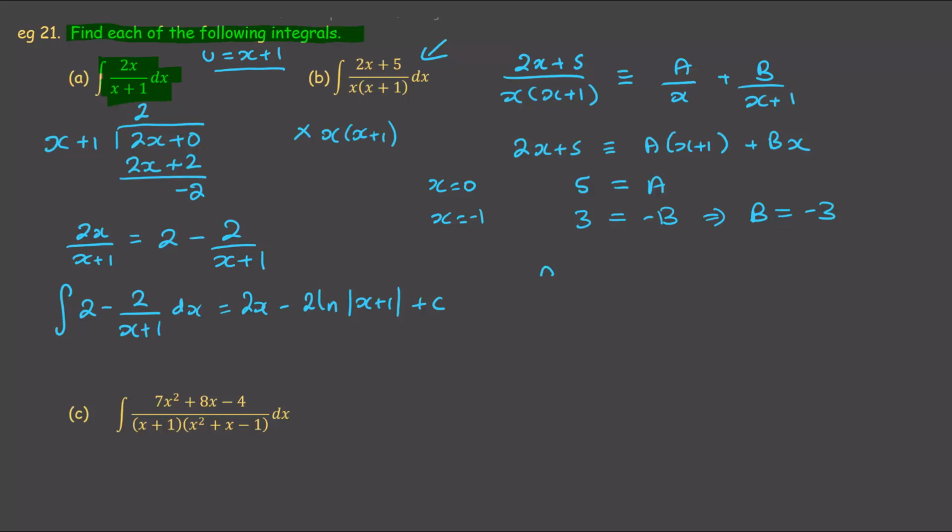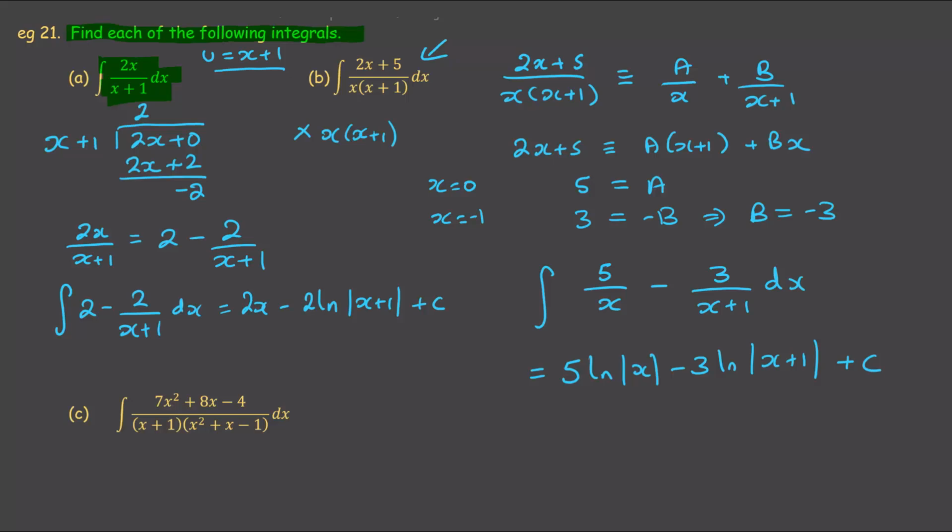So what we're going to end up integrating is 5 over x, take away 3 over x plus 1, and that's going to give me 5 ln mod x, take away 3 ln mod x plus 1, plus a constant.